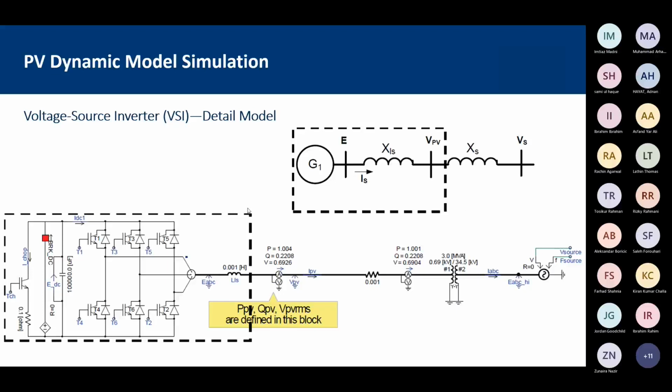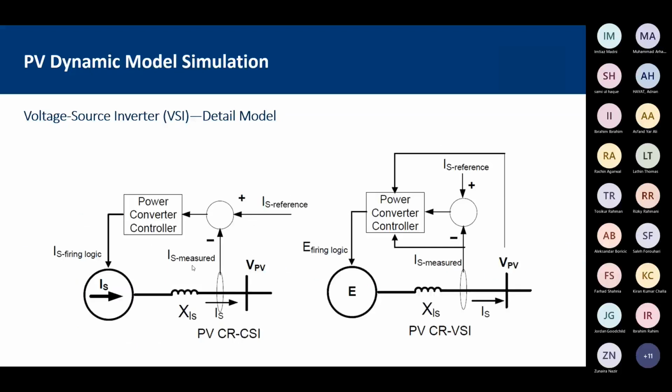So the detailed controls are a little bit different from the current source inverter, which also works on a feedback system. Instead of just monitoring the current, we are monitoring and controlling both current and voltage at the point of interconnection.